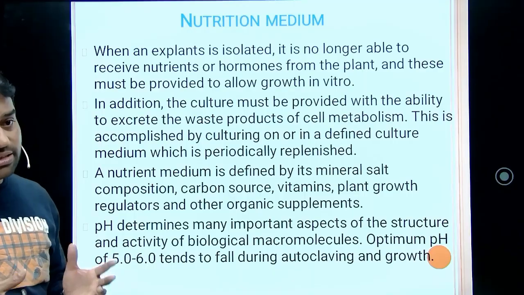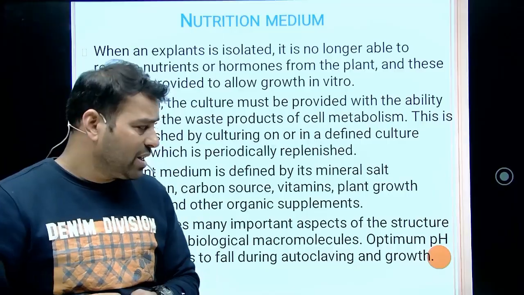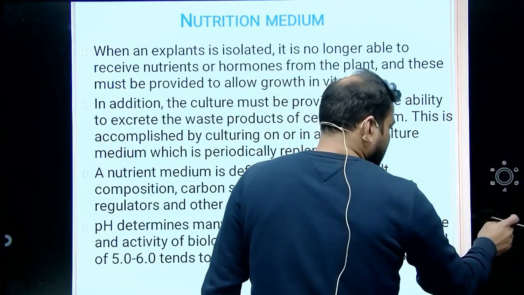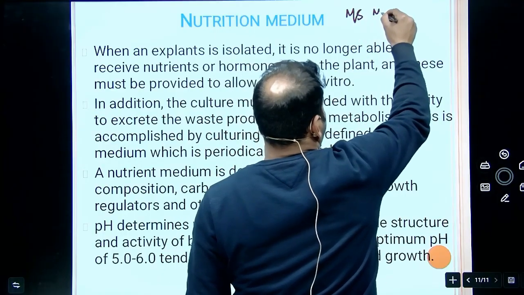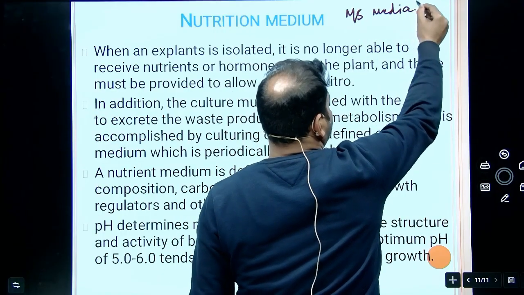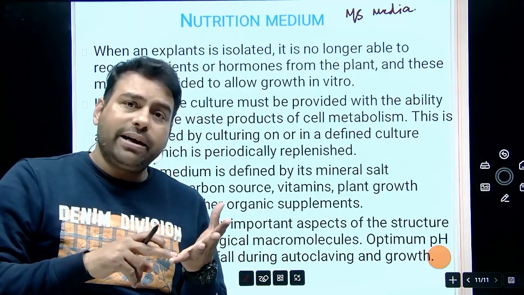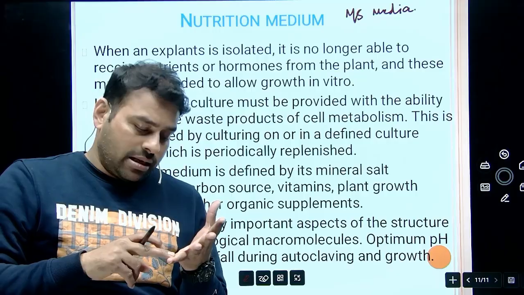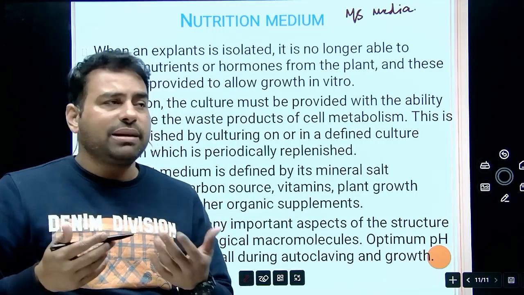Nutritional media is also an important part. Basically, the very common media we use is MS media, with different concentrations of enzymes, antibiotics, other additives, and carbon source. These can be altered or customized.